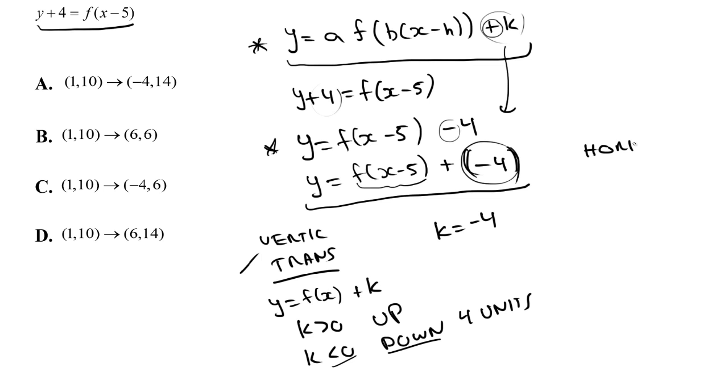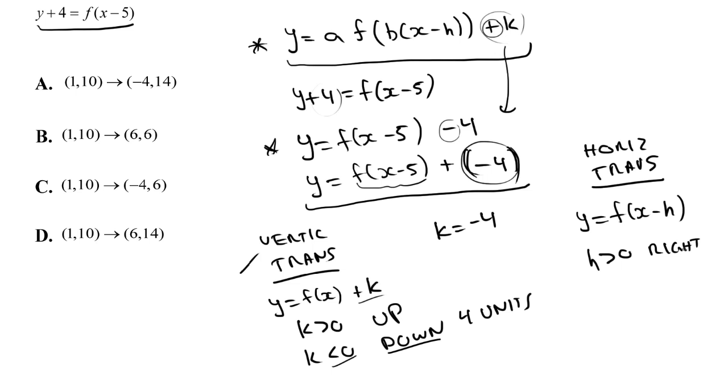Now we have to do the horizontal translation, and that always looks like this: y = f(x − h). Instead of being outside the brackets like this k, it's now inside the brackets, and it shifts the graph either left or right. If h is greater than 0, it shifts to the right, and if it's less than 0, it shifts to the left.